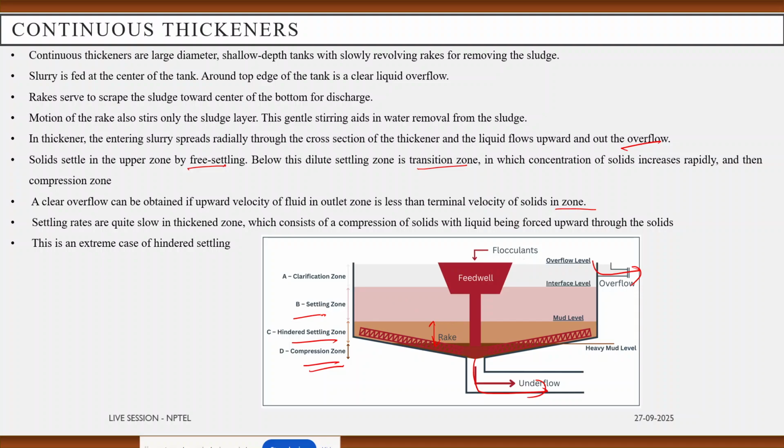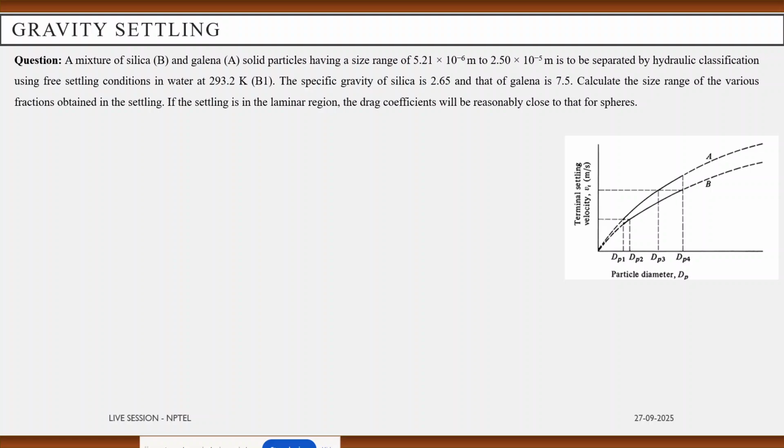In this region the hindered settling velocity is achieved, but above there is free settling velocity. The design of the thickener will be discussed in the next class. For this class we will solve one numerical.